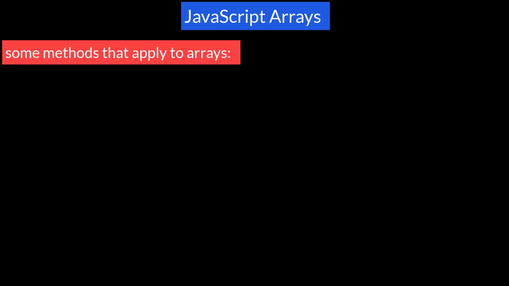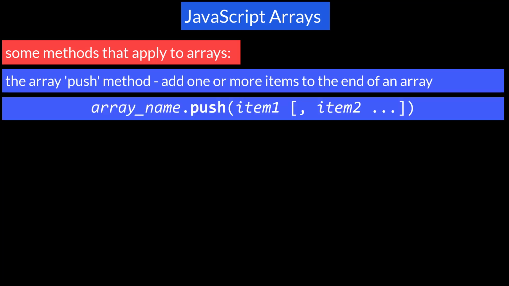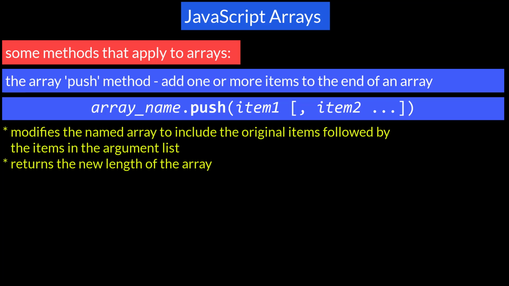Arrays also have a variety of methods that can be applied. Here's a few that may prove useful and/or instructive. The array push method. It adds one or more items to the end of an array. The syntax is the name of the array dot push, and in parentheses a list of items separated by commas. It modifies the named array so it consists of all the items initially in the array followed by all the entries in the argument list, and it returns the new length of the array.